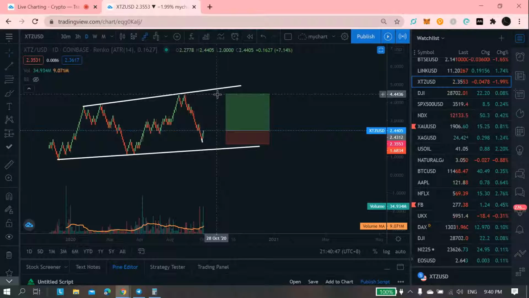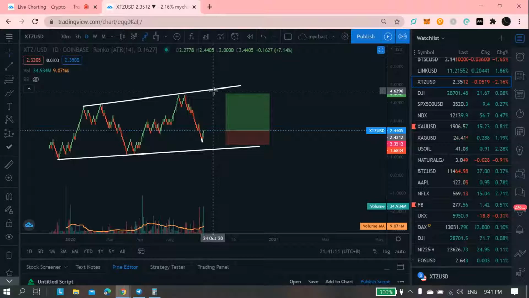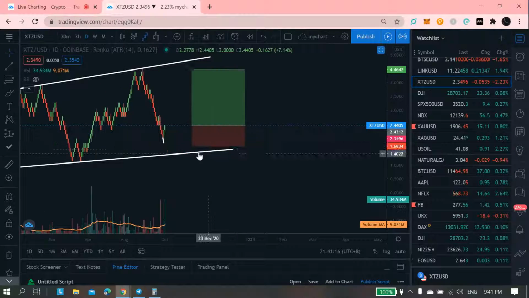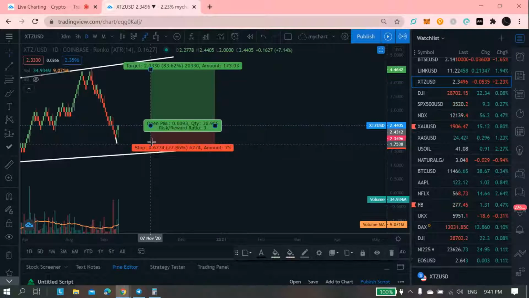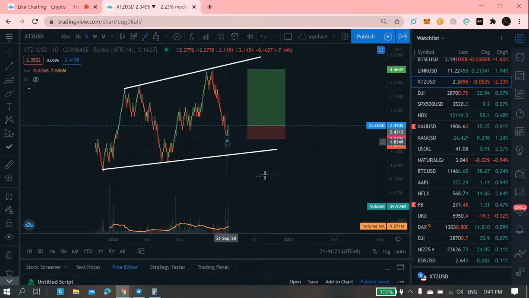From here around the $1 until 3.72, and then it retests our support area. It forms a new support, and let's see if it will retest this resistance area around 4.5, greater than 4.5.